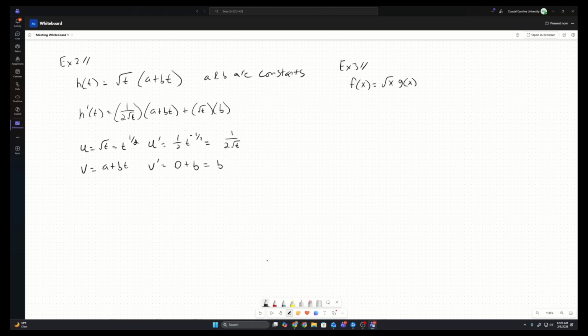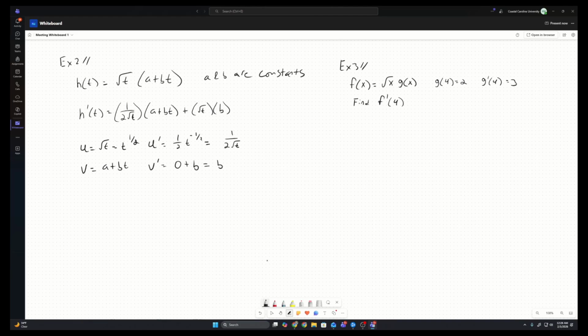We're also told that g of 4 is 2, g prime of 4 is 3, and we're asked to find f prime of 4.